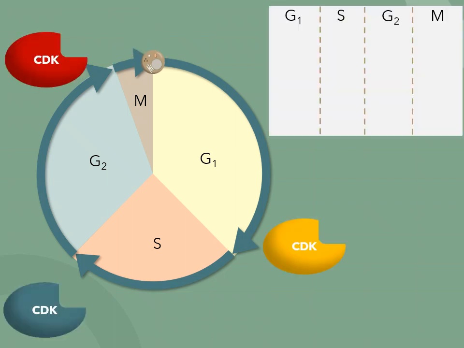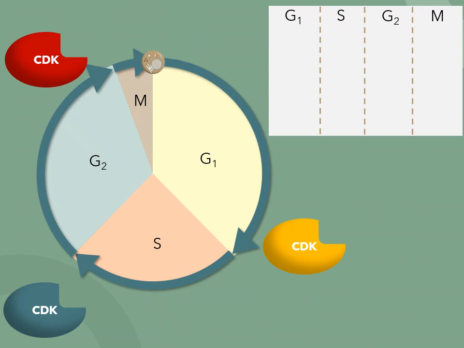In addition to the negative control of checkpoints, there are also additional positive signals regulating cell division. Cyclins, for example, are proteins whose concentration fluctuates throughout the cell cycle, typically reaching their highest level at one of the checkpoints that we just discussed, to stimulate the progression from one phase to the next.